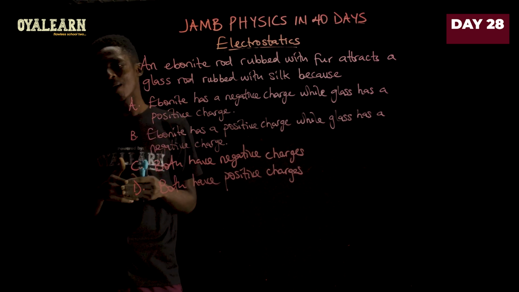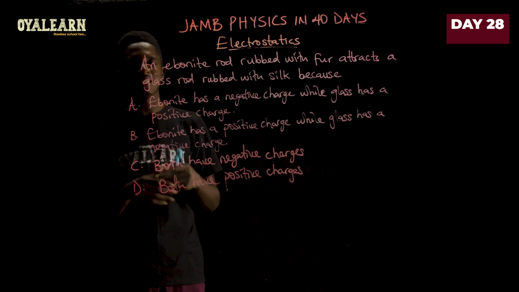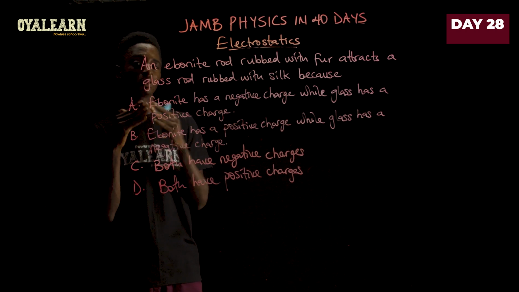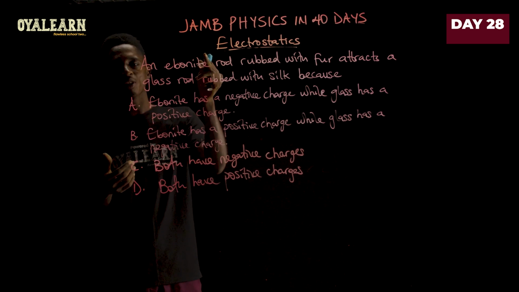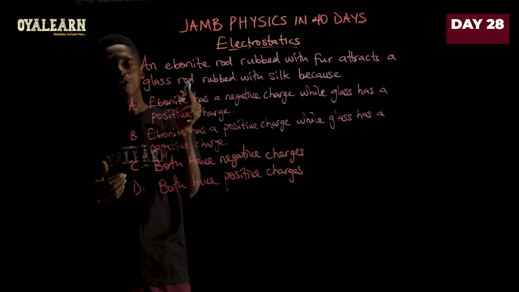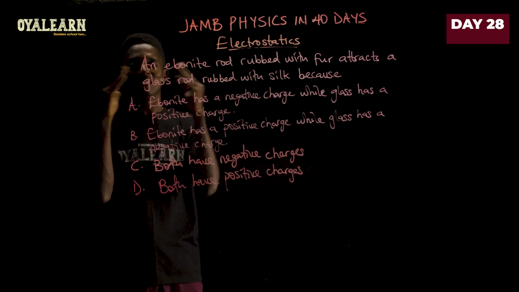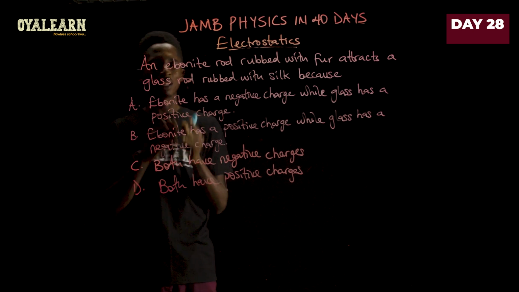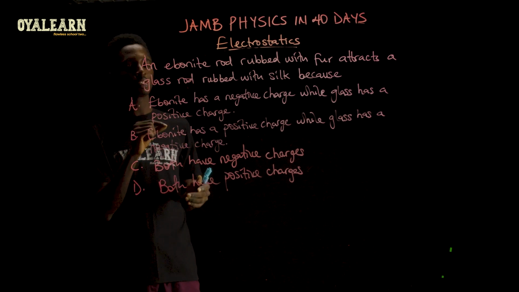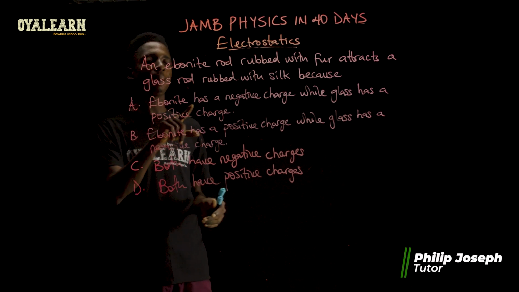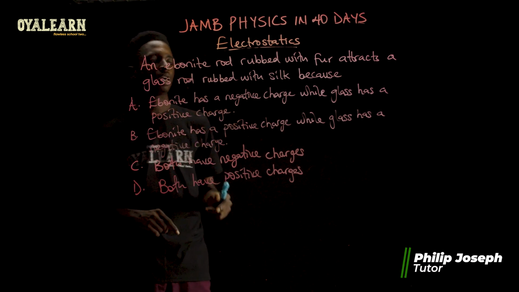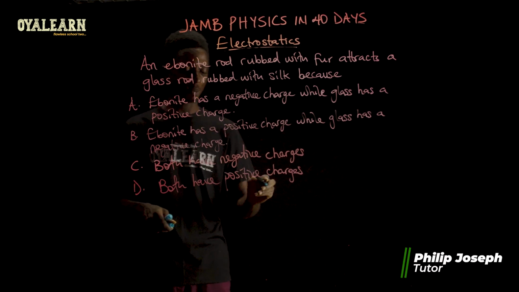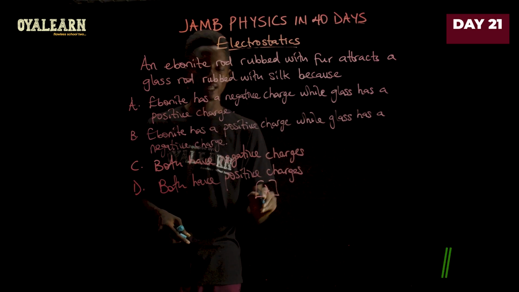According to the fundamental rule of electrostatics, unlike charges attract each other while like charges repel. Because the ebonite rod is negatively charged and the glass rod is positively charged, they have opposite charges, so they will attract each other. Looking at the options, the correct one is option A, which says the ebonite rod is negatively charged while the glass is positively charged. So we pick our answer as option A.